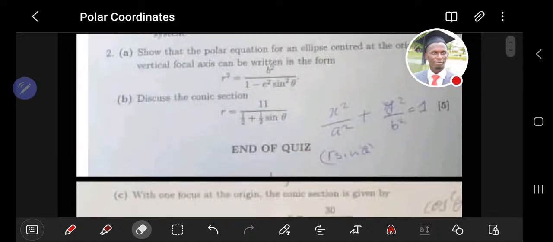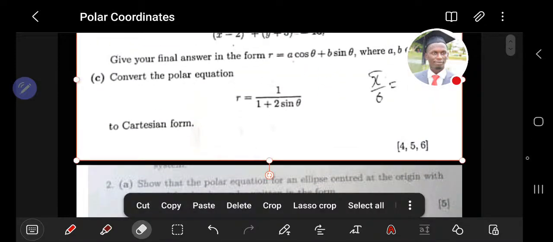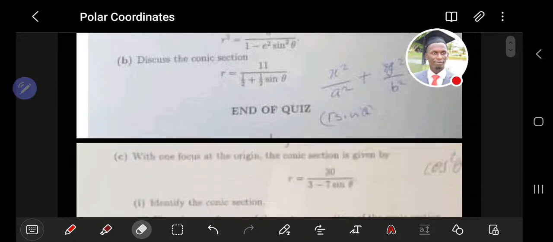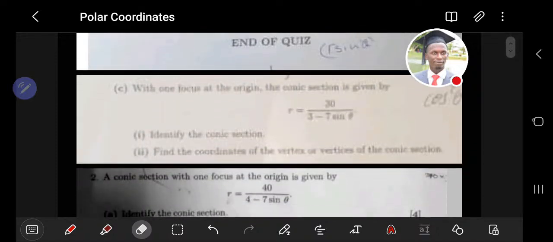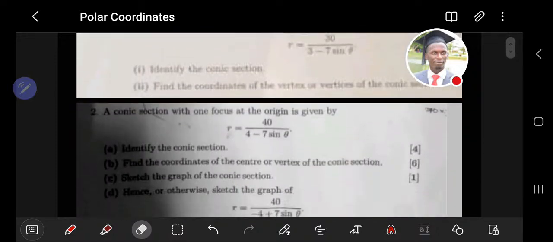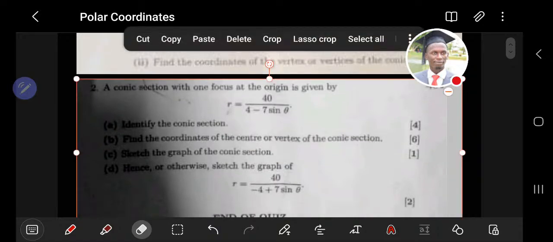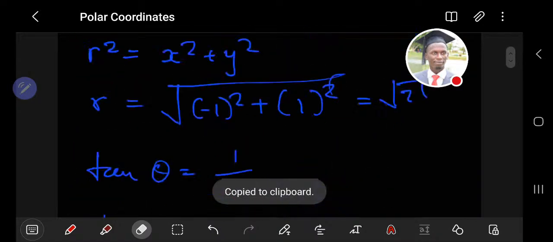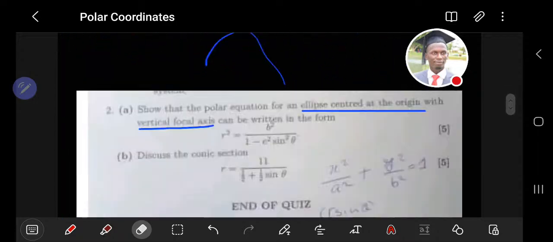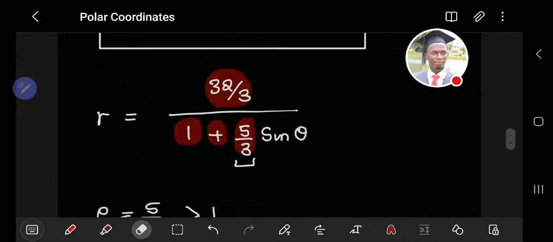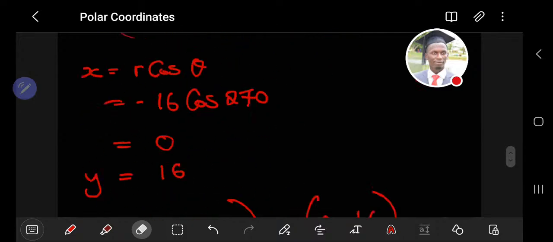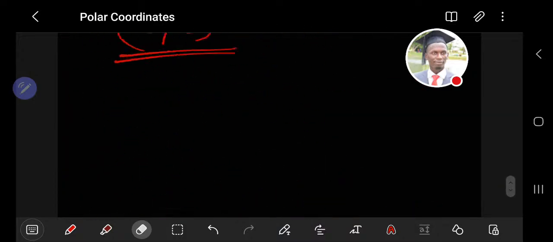Or we can do them in order. Okay, doesn't really change a thing. Let's look at this one.